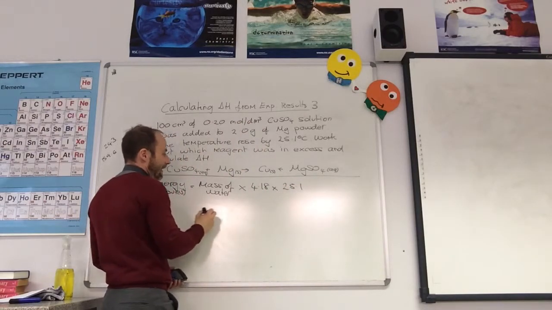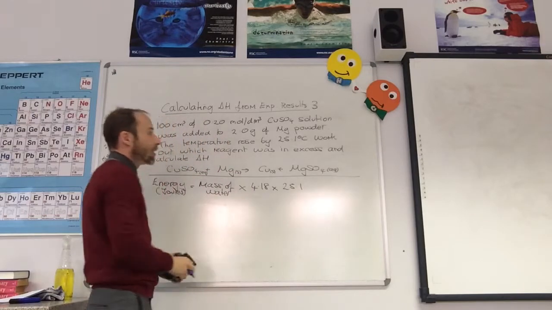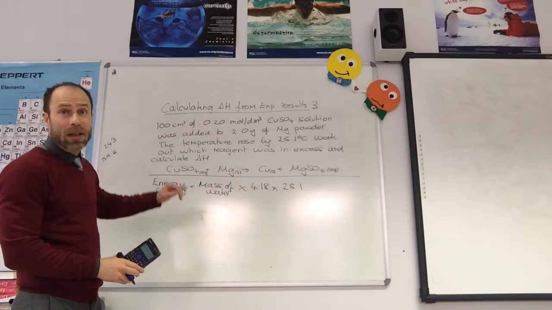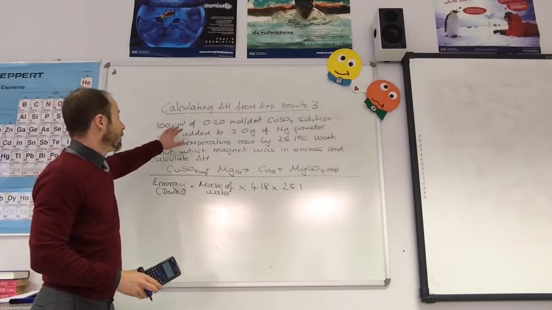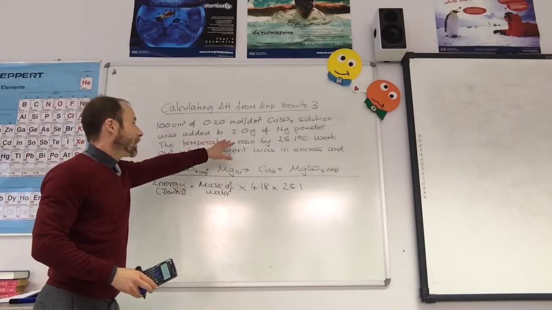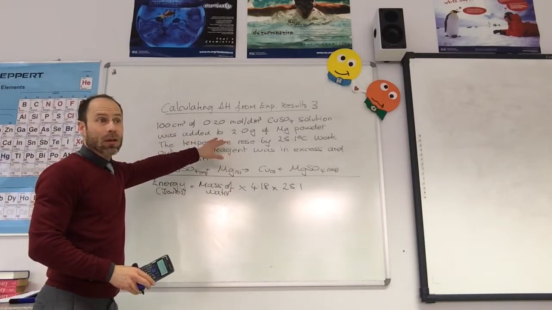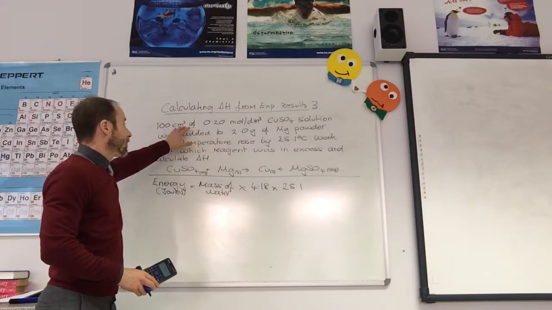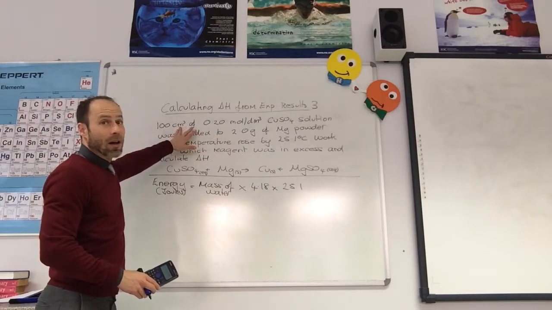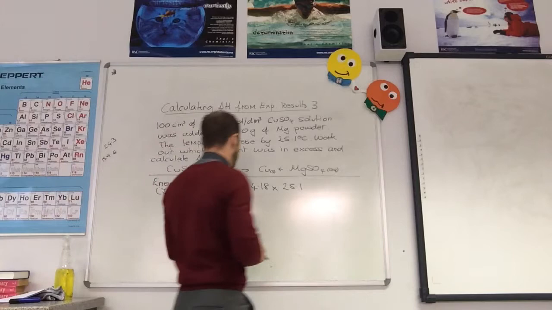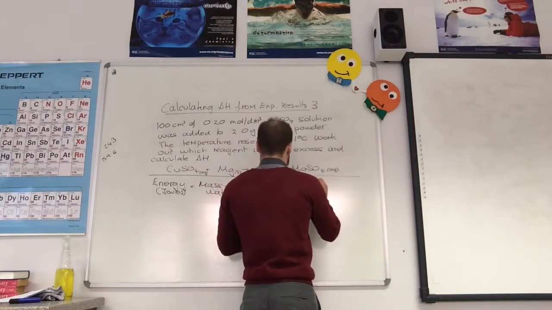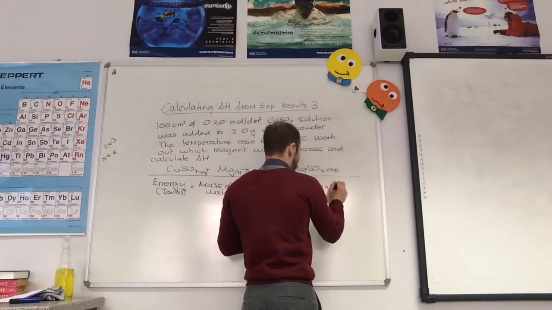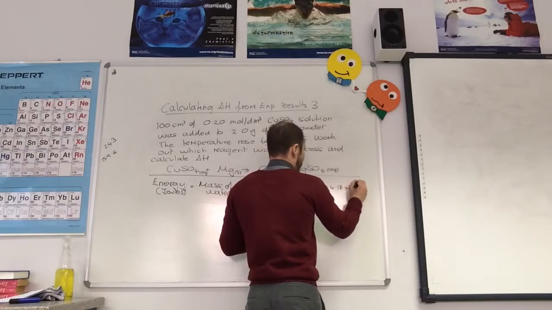So the only thing I need to substitute is my mass of water. Do I need to worry about the magnesium powder? I'm going to ignore that. So the mass of water is 100 grams. So it's going to be 100 times 4.18 times 25.1.